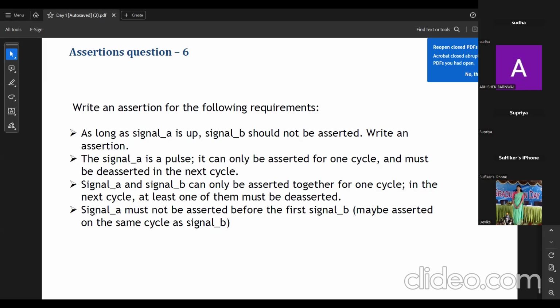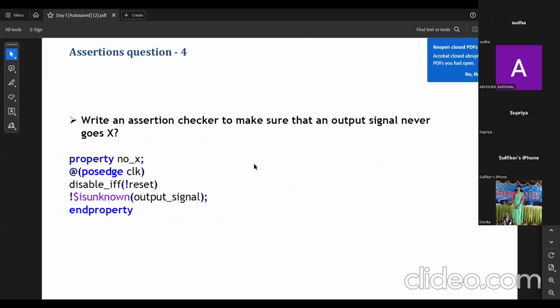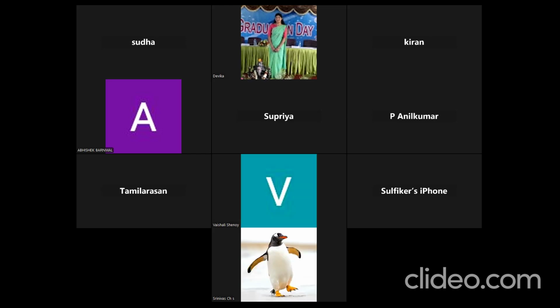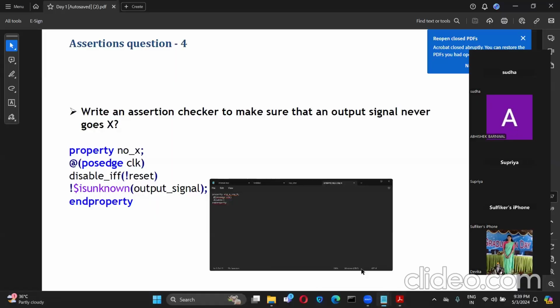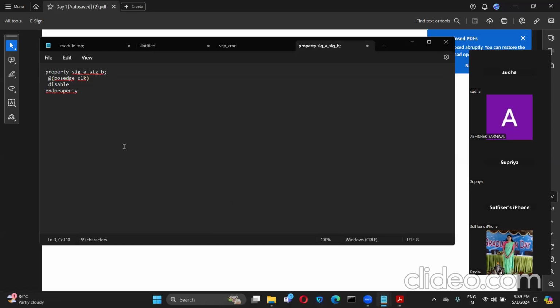Ma'am, your screen is not visible. Now is the notepad visible? Yeah, it is visible now, ma'am.